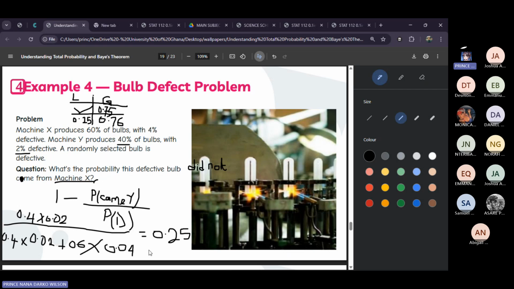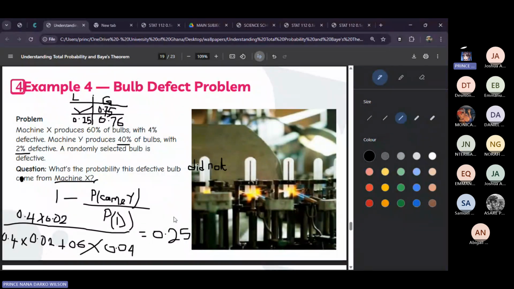And then the denominator gives us 0.032. So you divide 0.008 by 0.032. Am I dividing right here? Good. And that gives us 0.25, and that's the correct answer.